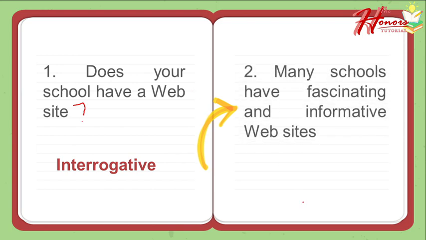Many schools have fascinating and informative websites. Let's identify first the type of sentence. Okay, very good. This is an example of a declarative sentence. And since this is a declarative sentence, it shows a statement or it tells something. What is the punctuation mark that we need to use? A period. Very good.